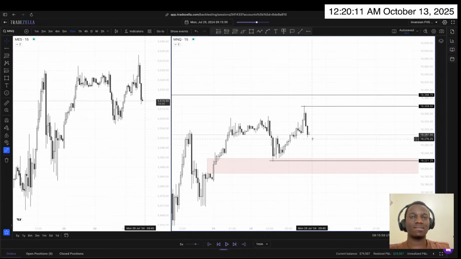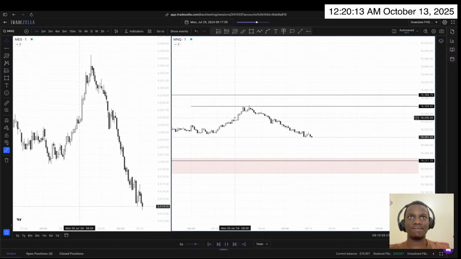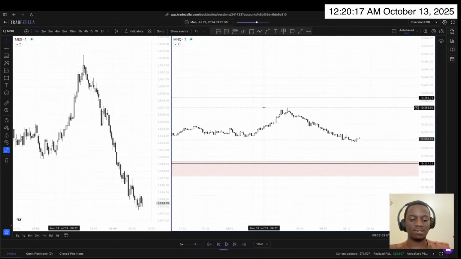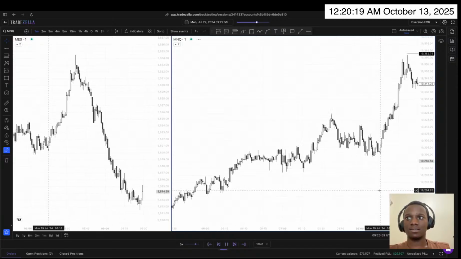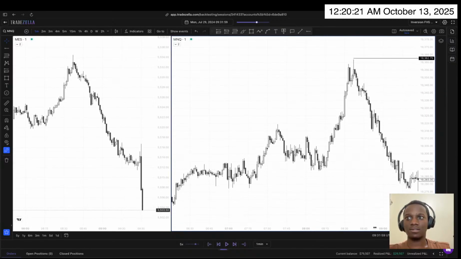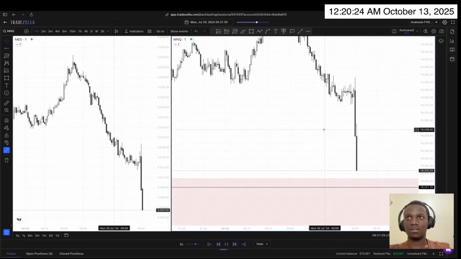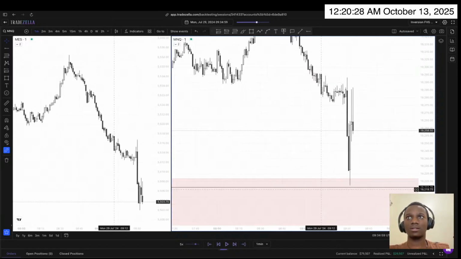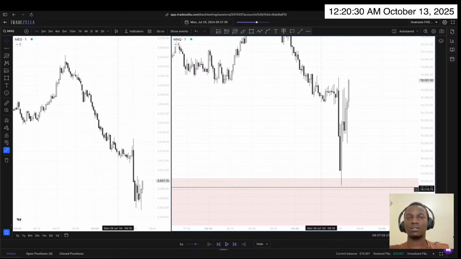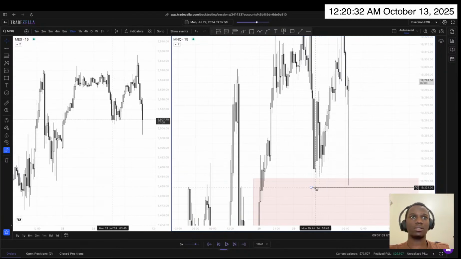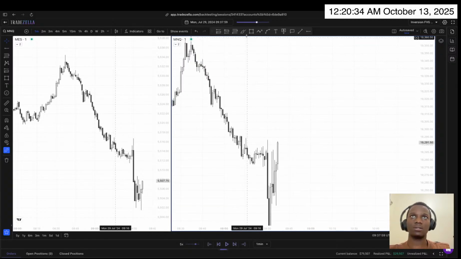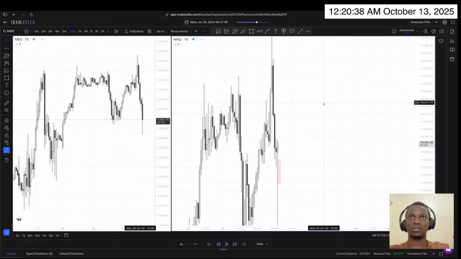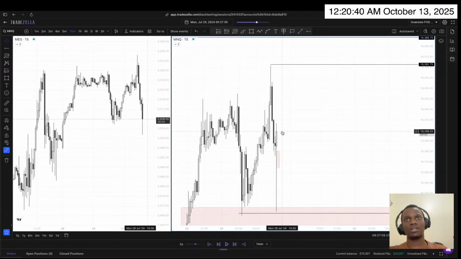I could see this thing get run. 15 minutes, there's a gap there, I can't just trust it.